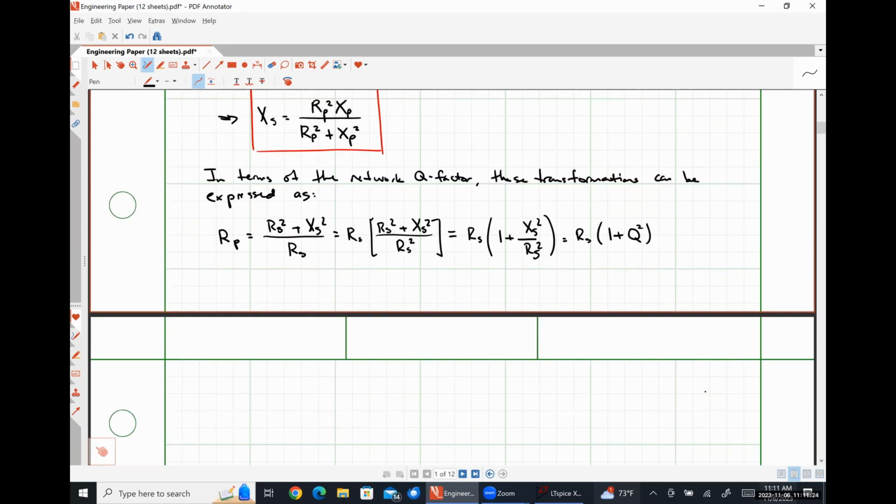The derivation for Xp in terms of Q is pretty much just as straightforward. So Xp is defined above as Rs squared plus Xs squared divided by Xs.